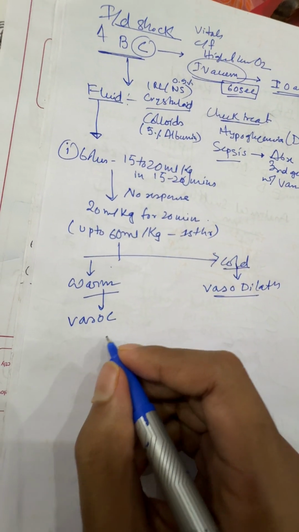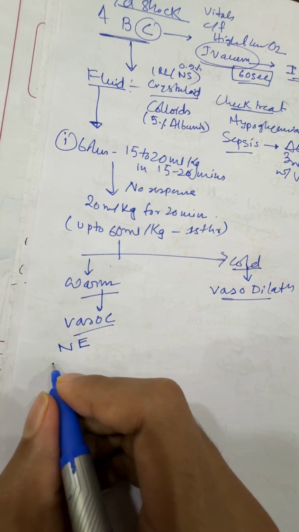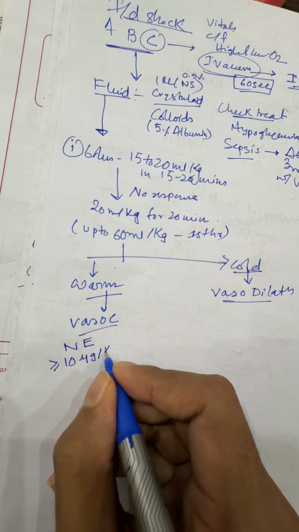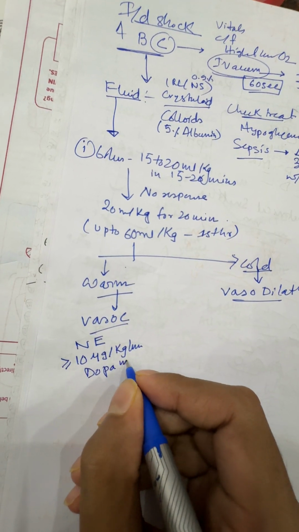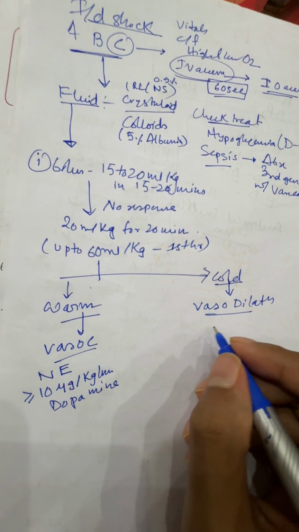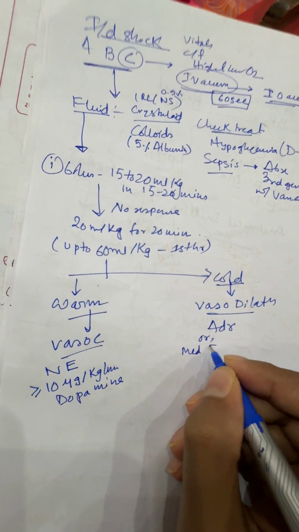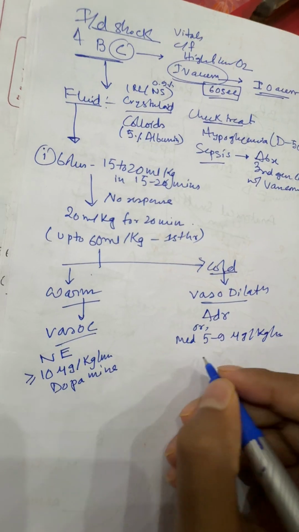For vasoconstriction we use norepinephrine, and we can use high dose, that is more than 10 microgram per kg per minute of dopamine or dobutamine. And for vasodilatation we use adrenaline or medium dose, that is 5 to 9 microgram per kg per minute of dopamine.